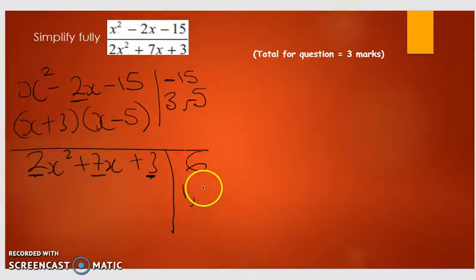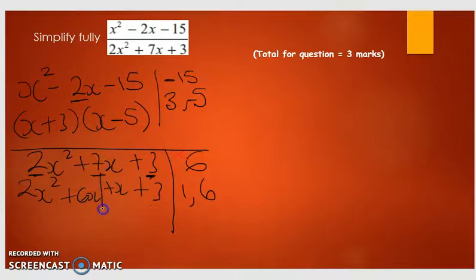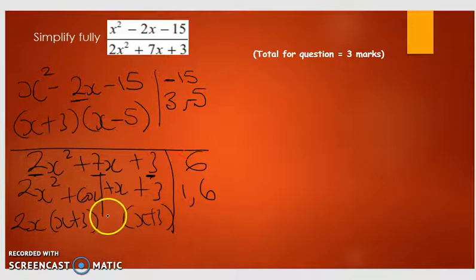Okay, if that is the case, both are positive, so we don't need to assign any negative numbers. So we go 2x squared, add 6x, add x, add 3. Split it down the middle, factorize each section separately. It means that there will be x plus 3 here, and it means there's a 1 outside. So we have 2x add 1, and then x plus 3.